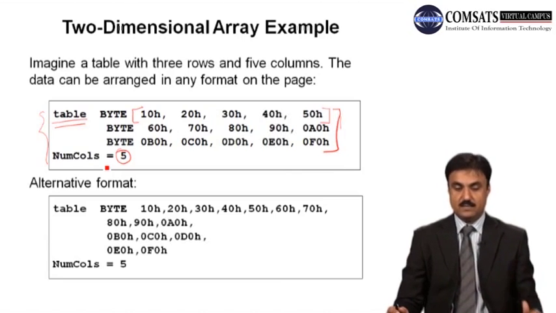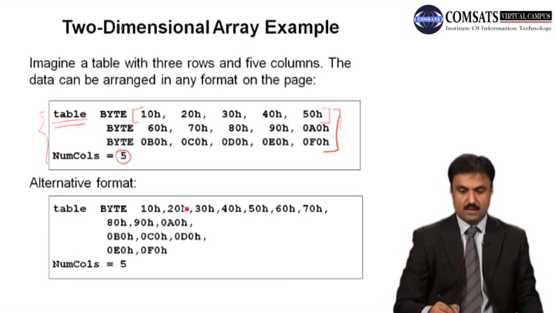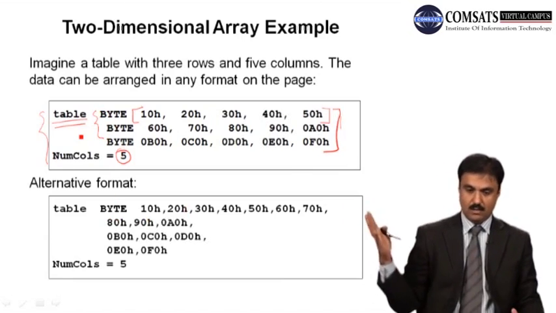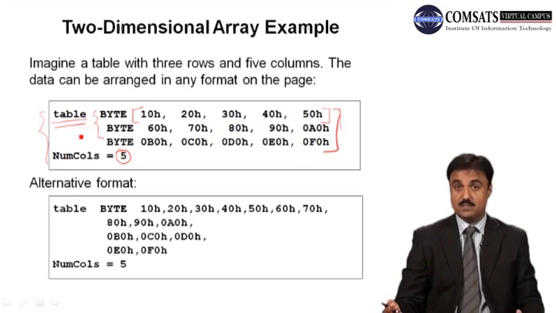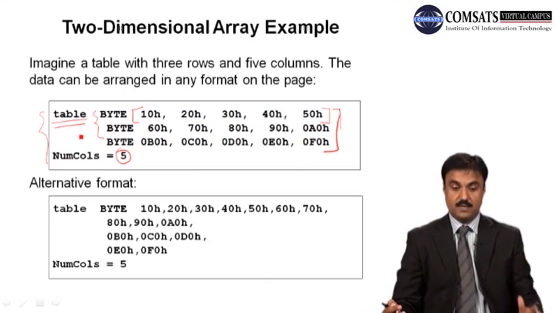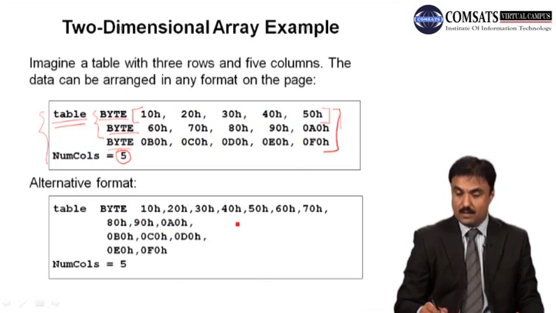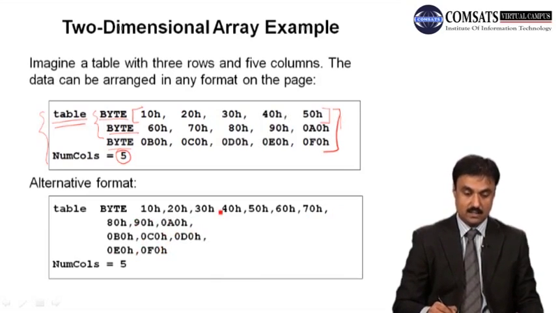The alternative format is, you can use multiple lines, because we cannot write all the elements in a single row if we have so many elements. If we break it, we can use the data type or type specifier here, or we can use the same comma here, and we can continue to the next line up to whatever the number of lines are there.